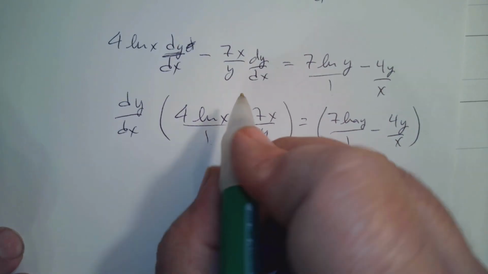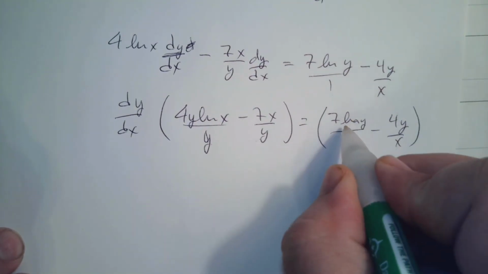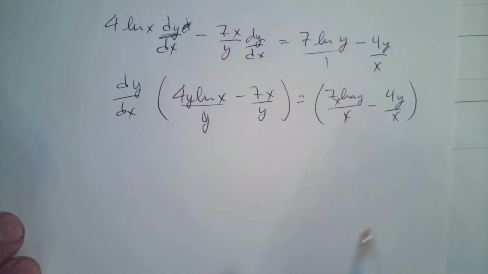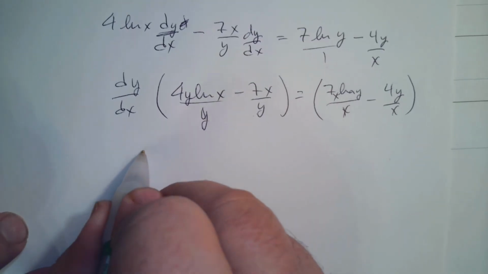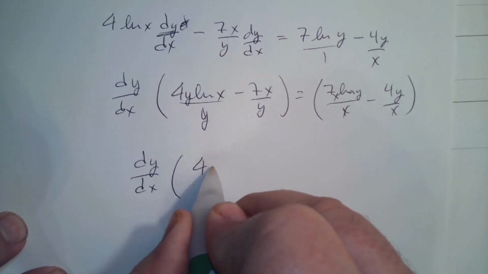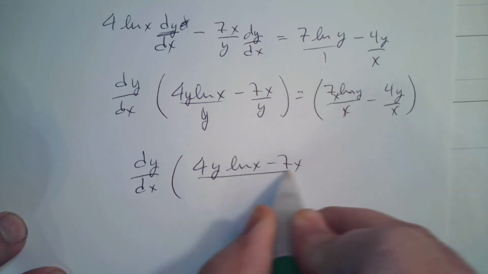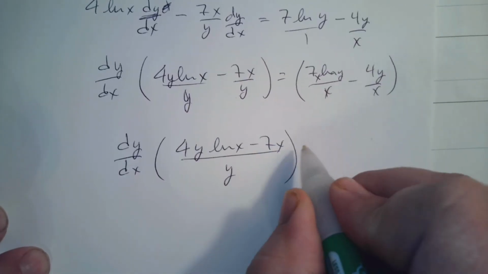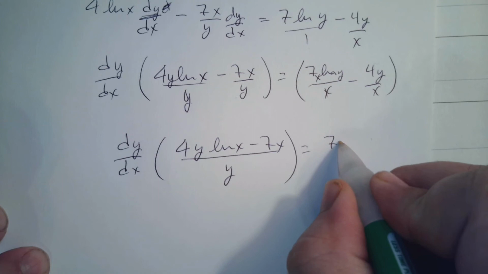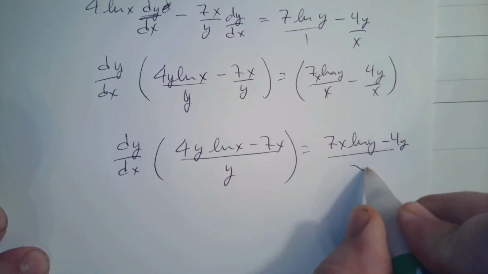In this case it's y, so I can put a y here and a y there. X here, x there. So 4y ln x minus 7x over y equals 7x ln y minus 4y over x.